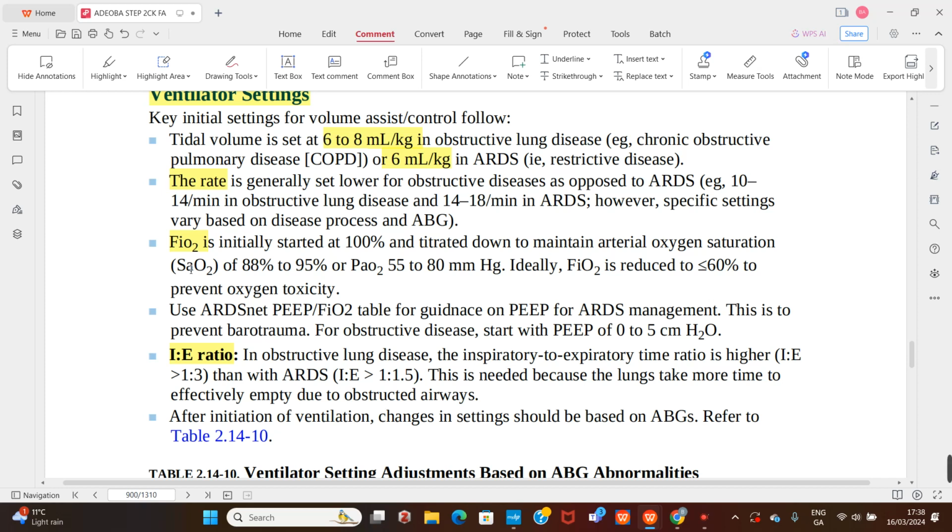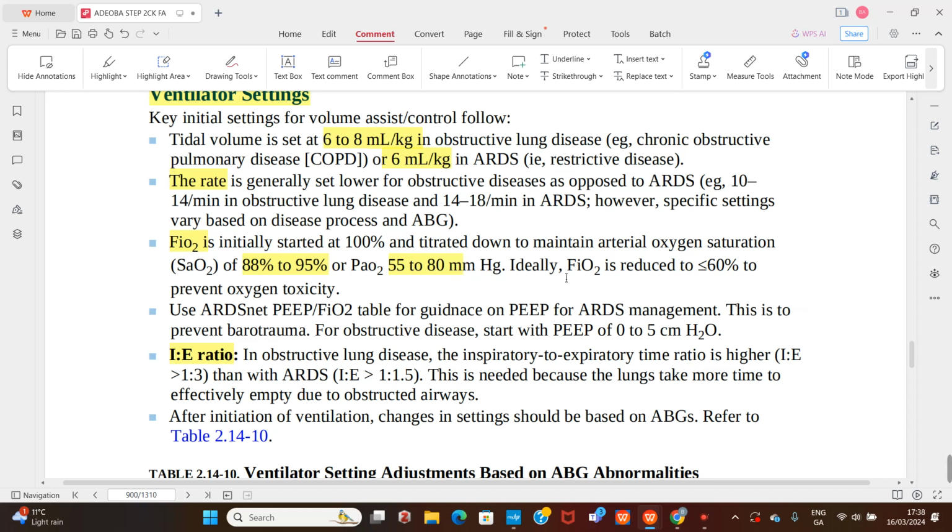And we said that the way you are going to set your mechanical ventilator for this is that you start at 100, then you titrate it downwards until you get to the ideal oxygen saturation, which is around 88 to 95%, 93, depending, they are just widening the range because of different diseases.